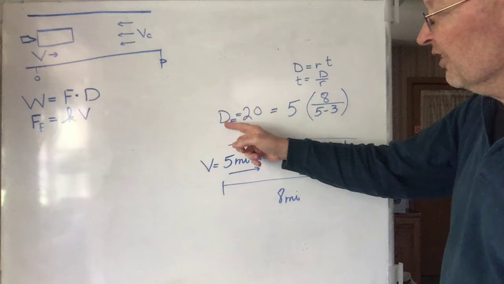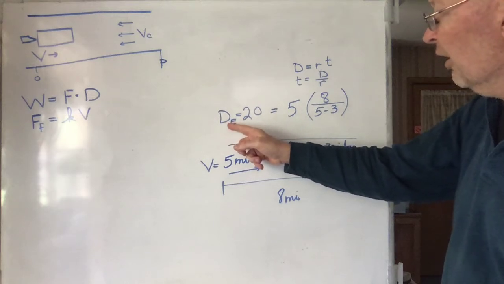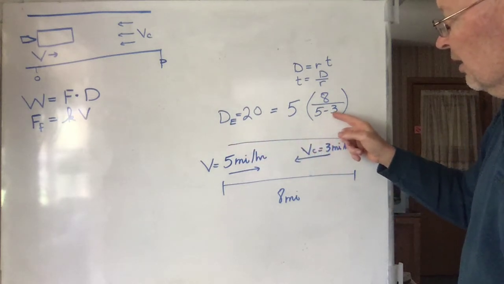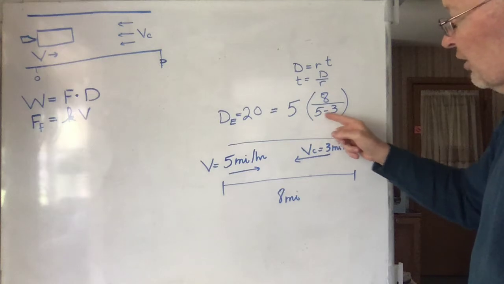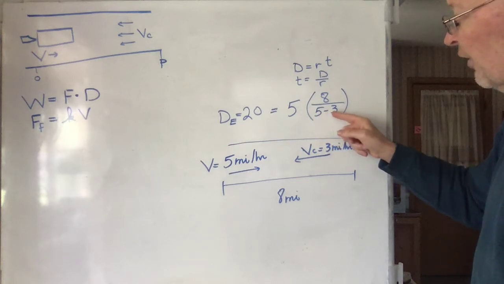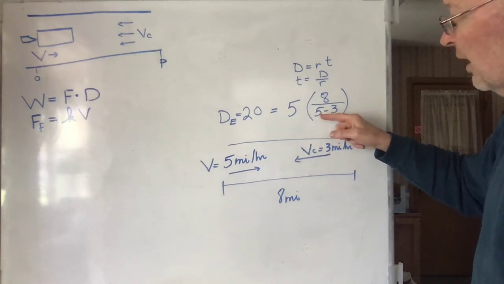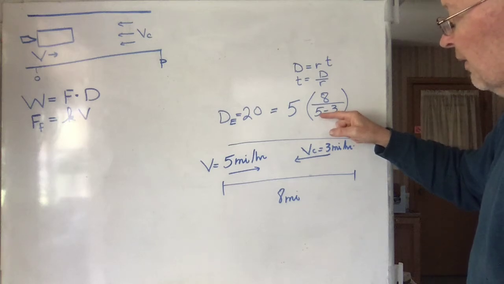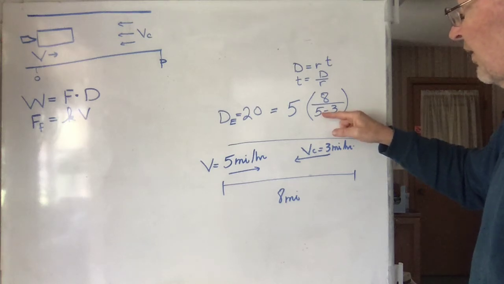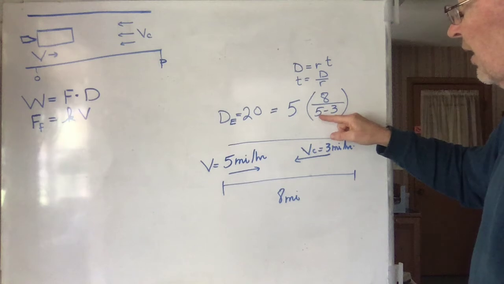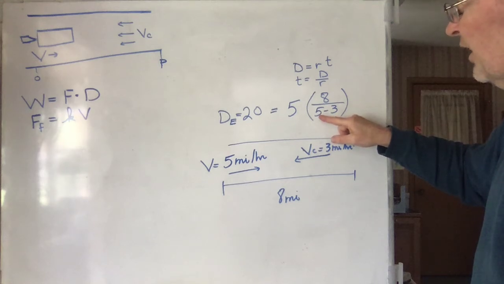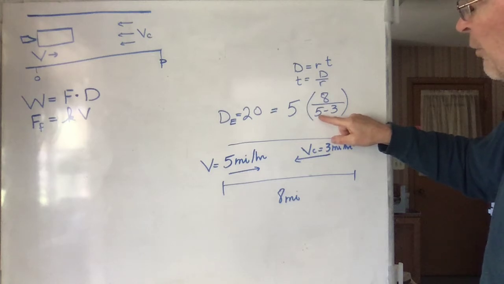this effective distance that you're having to move through the water depends on how much faster you're moving than the water is. Let's just say you're moving at 11 miles an hour.